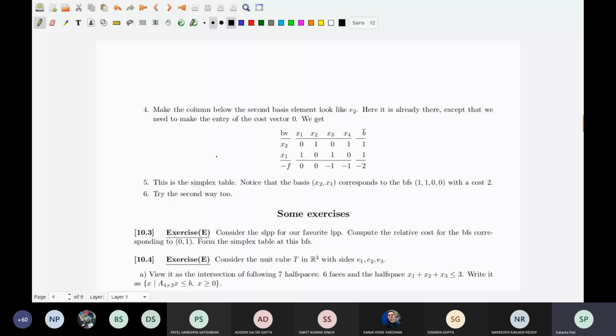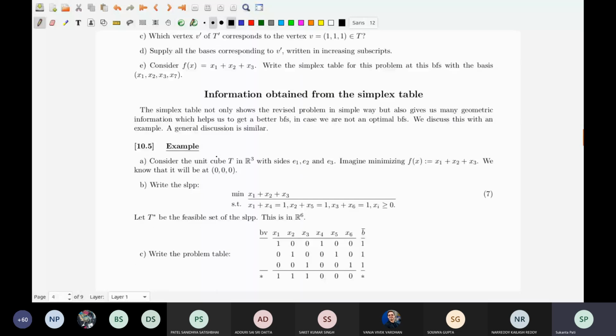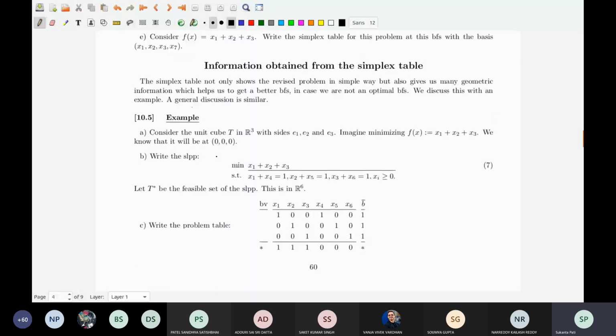So then there are some exercises. What I have said till now: if you are given one SLPP, how to write a problem table for this?